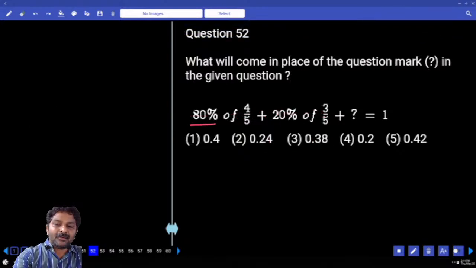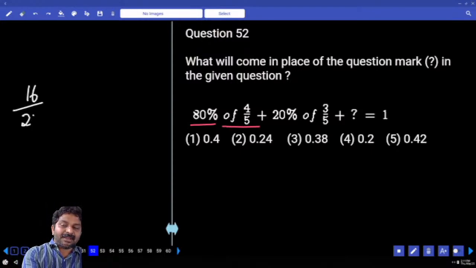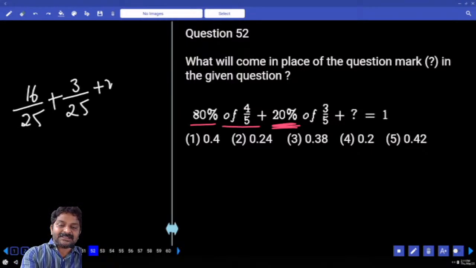80%. How do you write that? 4 by 5 into 4 by 5. 16 by 25. Plus or minus? Plus. 20%. How do you write? 1 by 5 into 3 by 5. 3 by 25 plus x is equal to 1. Can we write 1 as 25 by 25 for simplification?